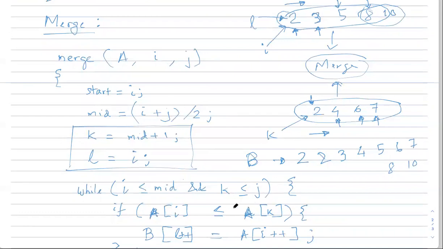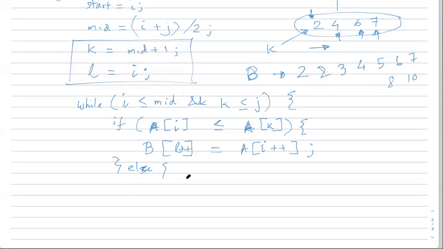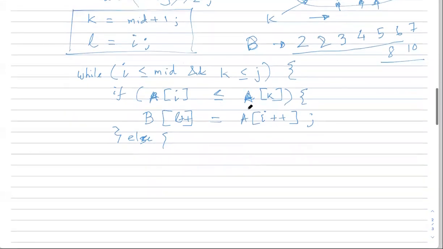So it is picking the lower entry, and at the same time, it is incrementing the lower value. So it is incrementing L to populate this B, and it is also incrementing the corresponding I or K, whichever is making the difference.